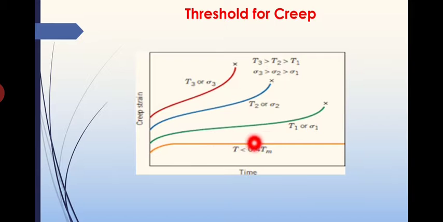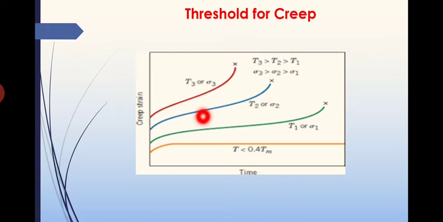Since this line is horizontal, the slope of this curve we can say is zero. The slope of the creep curve is actually delta strain divided by delta time. So here there is no straining for whatever may be the time, but here you can see a slight increase in slope.